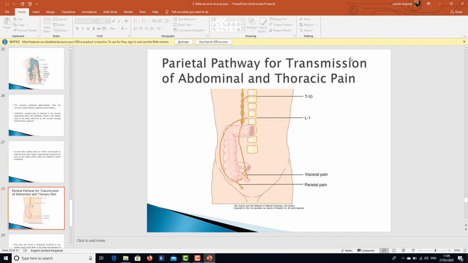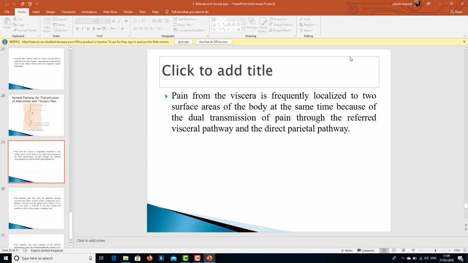Now let's talk about the parietal pathway for transmission of abdominal and thoracic pain. You can see how the visceral pain is going and how the parietal pain is going. Pain from the viscera is frequently localized to two surface areas of the body at the same time because of the dual transmission of the pain through the referred visceral pathway and the direct parietal pathway.